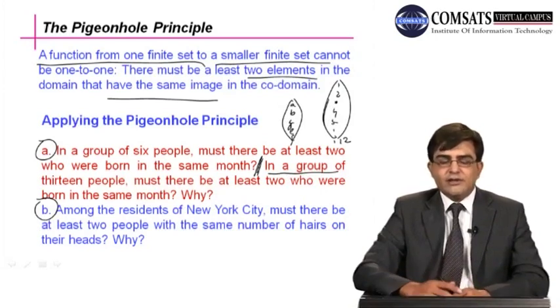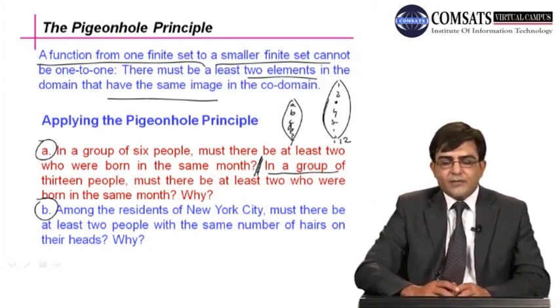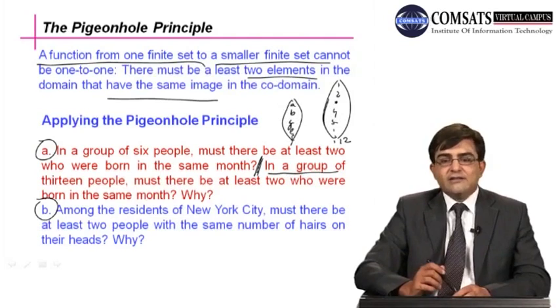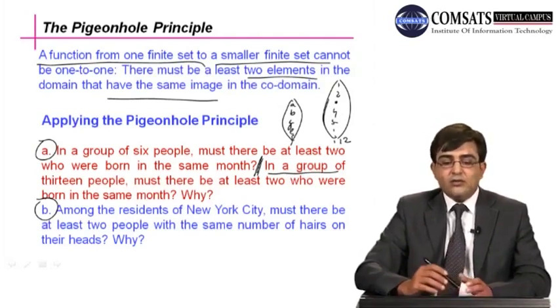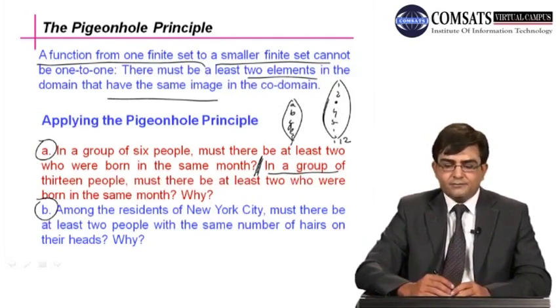This is what the Pigeonhole Principle tells us. But here the domain set is smaller and the codomain set is the larger set. So we cannot apply the Pigeonhole Principle here.